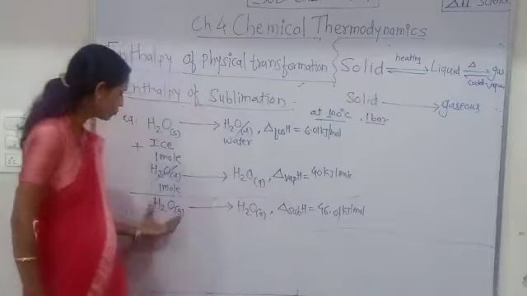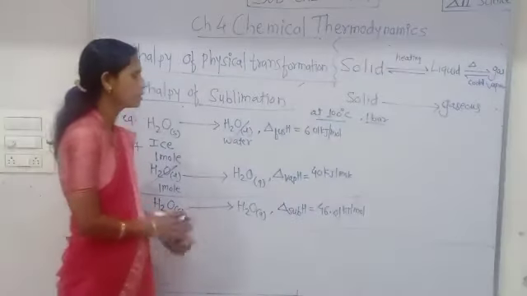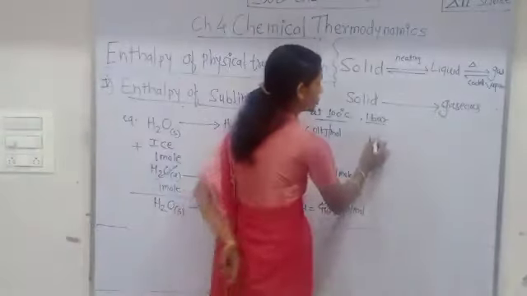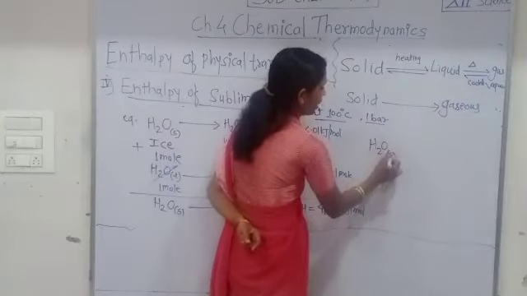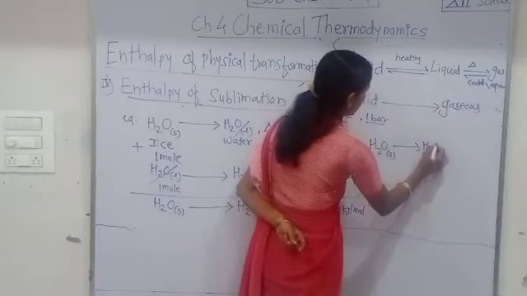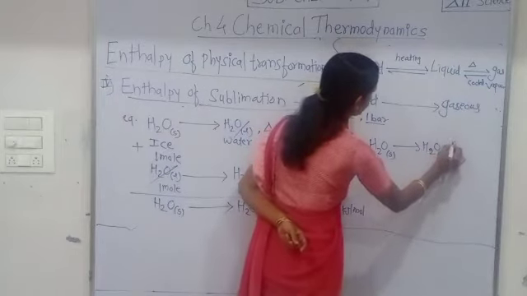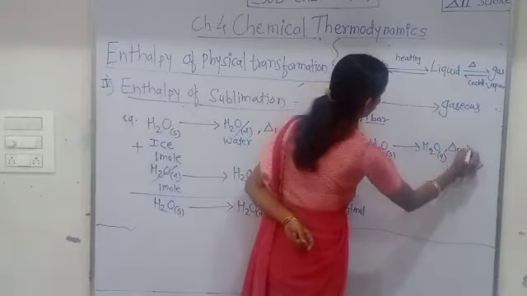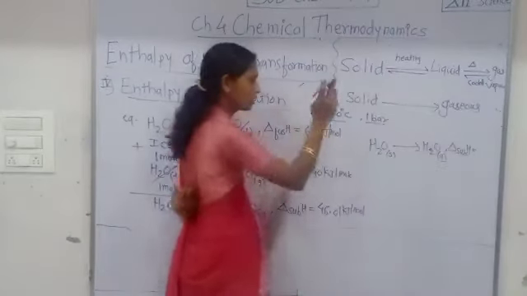and therefore that is the enthalpy of sublimation of ice. And for the same process taking place at a different temperature, the enthalpy of sublimation of water is also different.